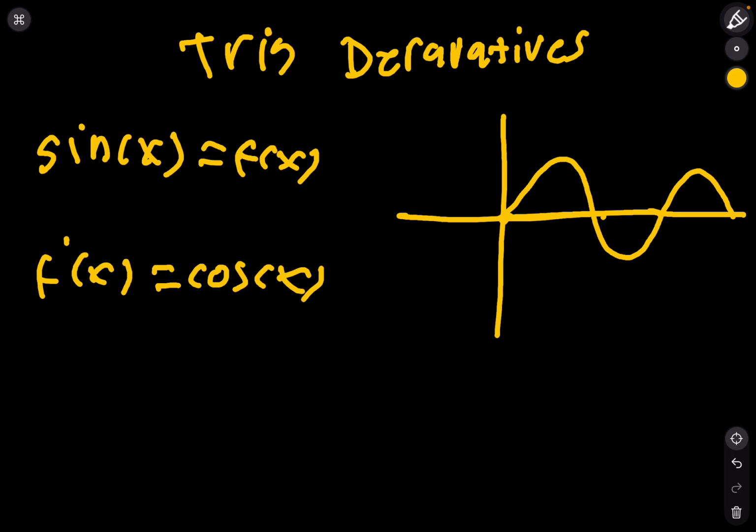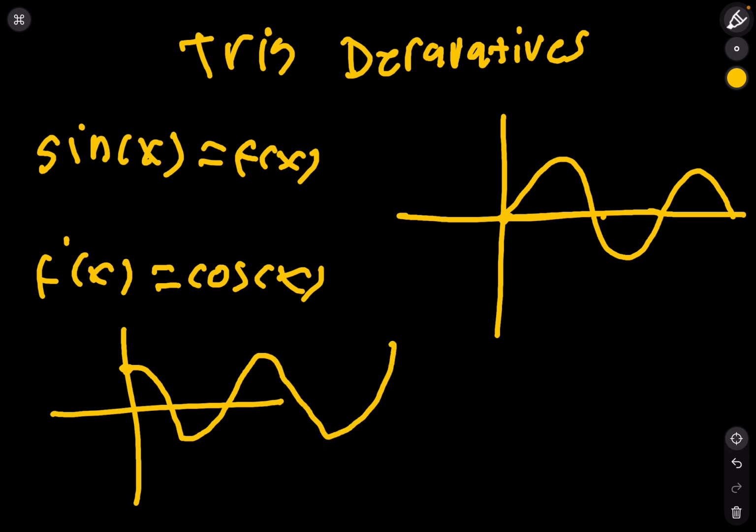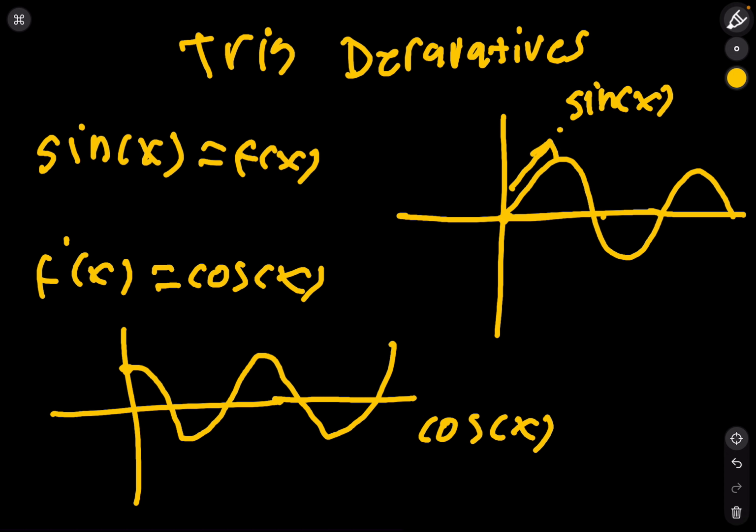The reason is that if we made another graph for cosine of x, cosine of x starts at 1, and then it drops down, goes up, drops down, goes up. You can see that on the original sine function, the derivative goes up, hits a little horizontal point at 0, goes down, and then goes up again.